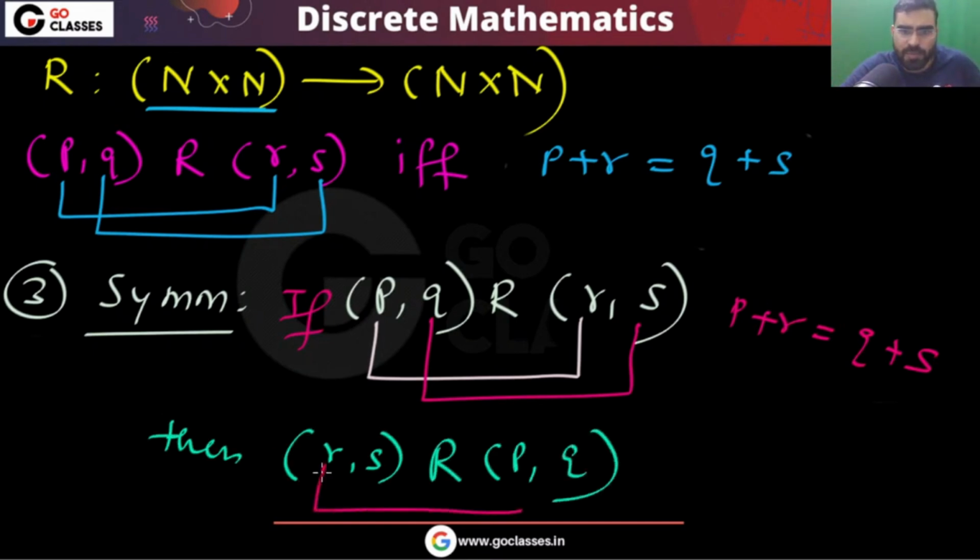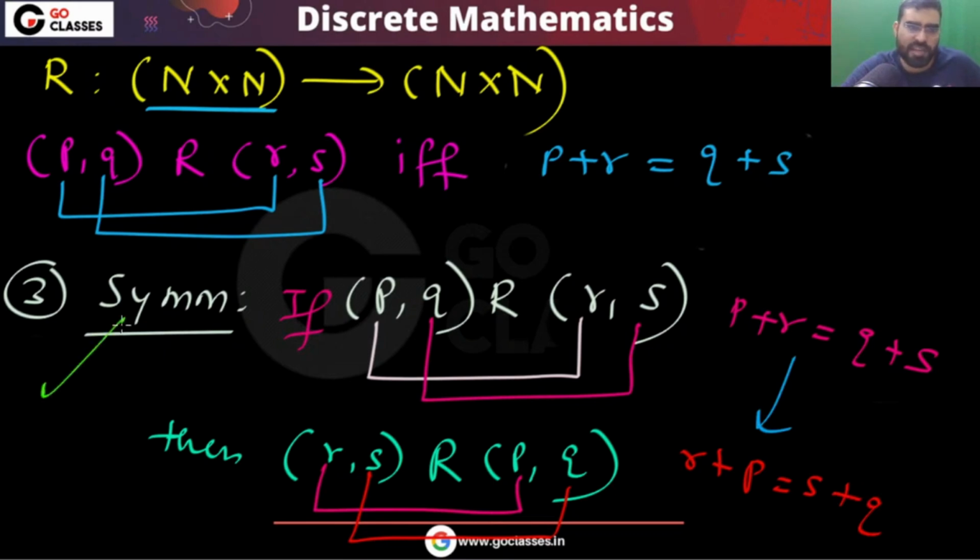Can I say r plus p will be equal to s plus q? Yes, right, because r plus p will be equal to s plus q. So if this happens, then this will happen. So symmetric property is satisfied. Yes or no?